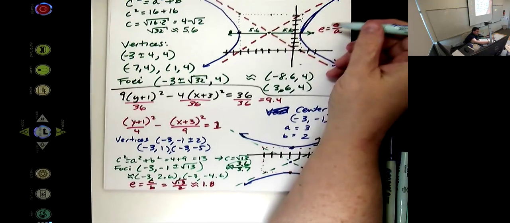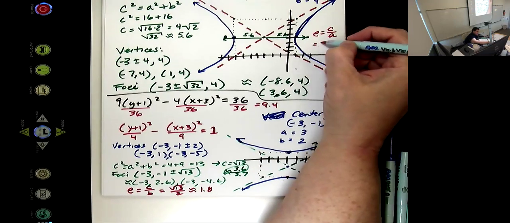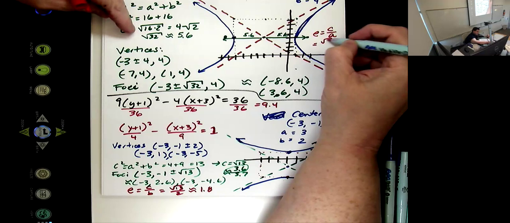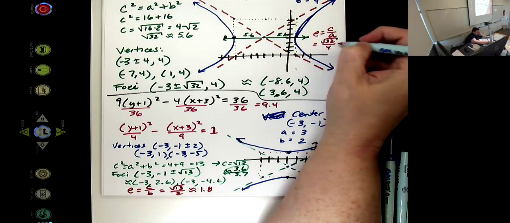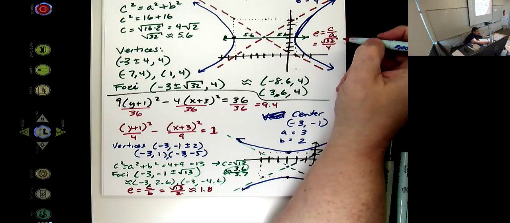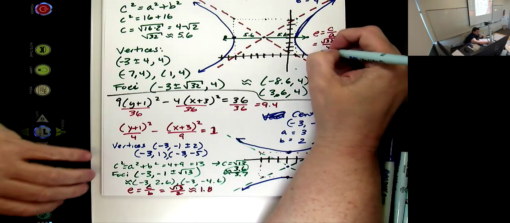Up here C was the square root of 32 over A, which was 4. 5.6 over 4, 1.4-ish.